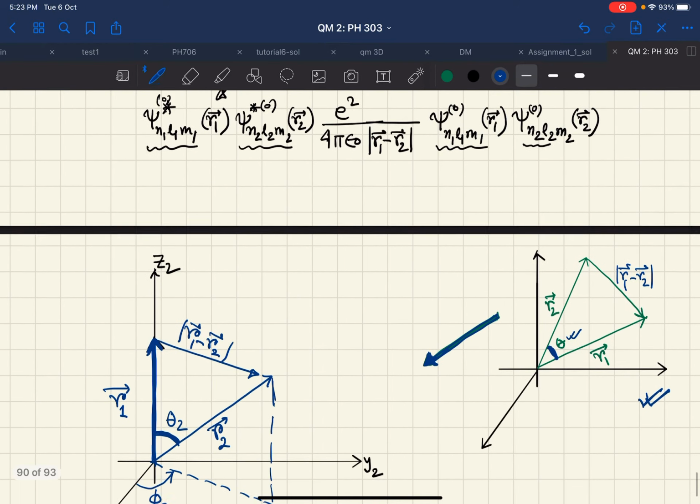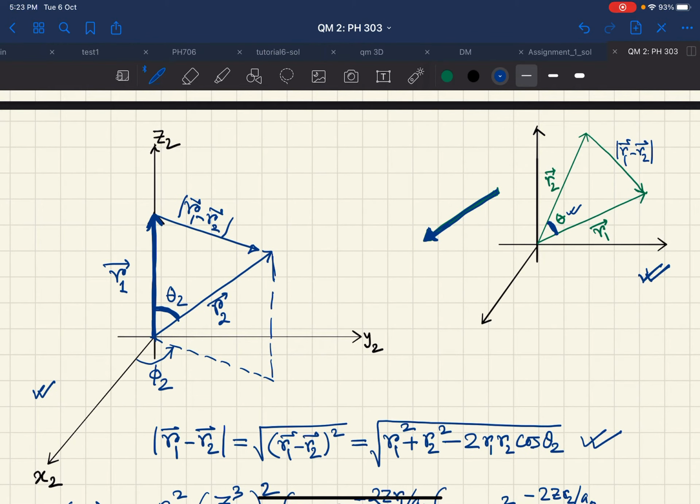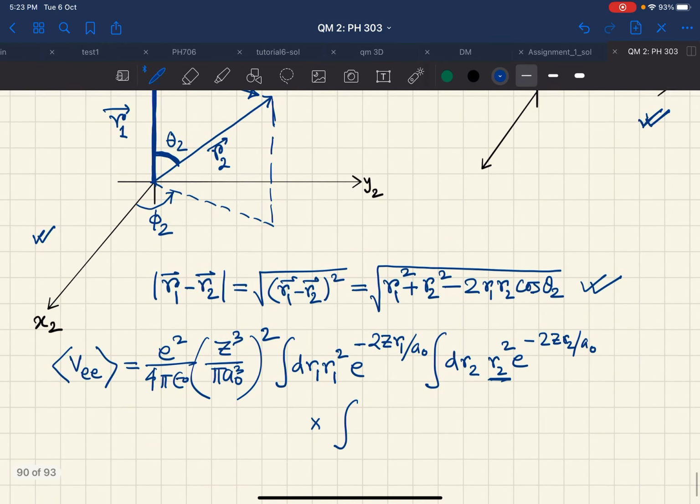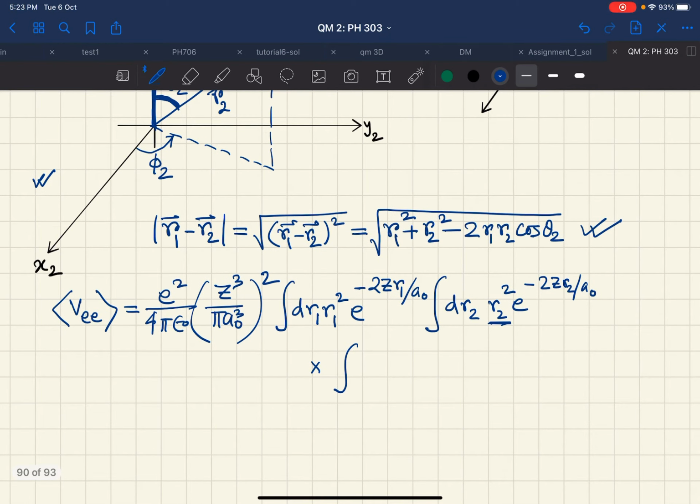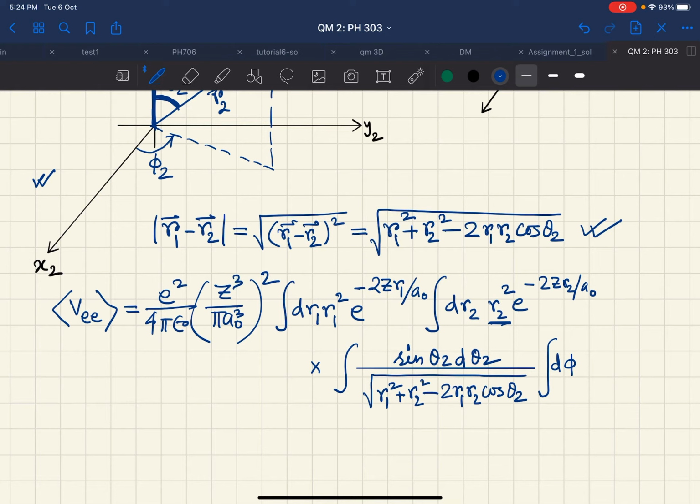But now there is this mod of r1 minus r2 here. So this will become square root of r1 square plus r2 square minus 2 r1 r2 cos theta 2, and here it will be sine theta 2 d theta 2, and the rest of the things will be d phi 2, and the theta 1 integration will have sine theta 1 d theta 1 d phi 1.